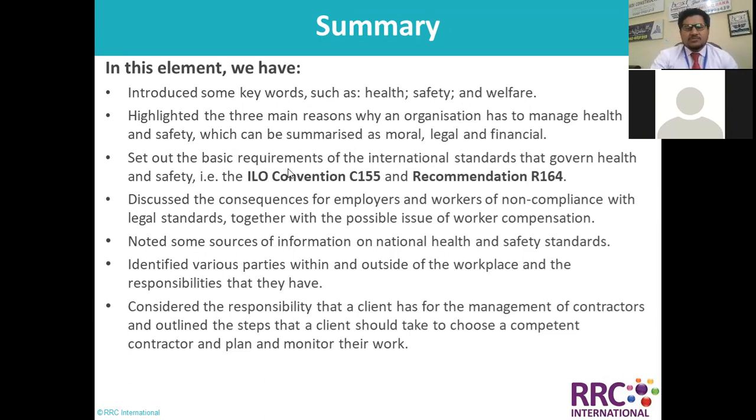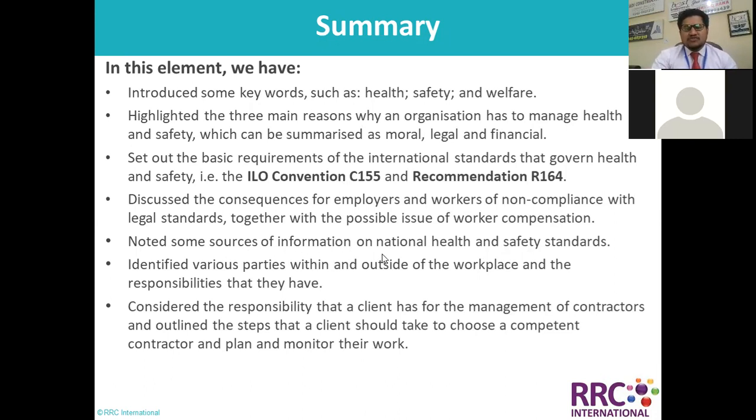We discussed some of the basic requirements as per international standards like ILO, International Labour Organization, Convention 155 and Recommendation R164. We also discussed the responsibilities of employers and workers, especially in case of non-compliance with the legal standards, how the possible issue could come in the shape of worker compensation.